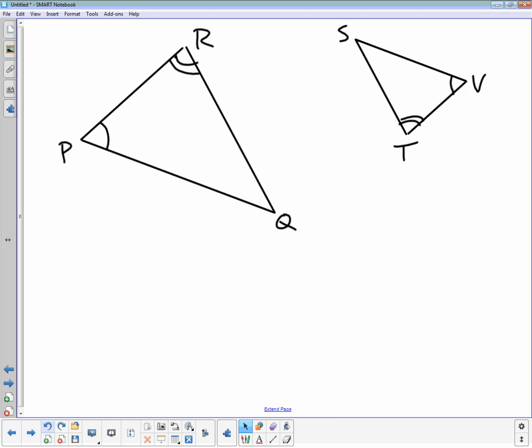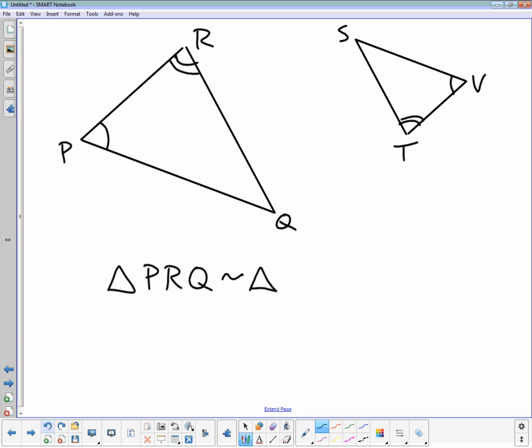So let's write a similarity statement for this. Triangle PRQ would be similar to who? P goes to who? How do you know? Right.